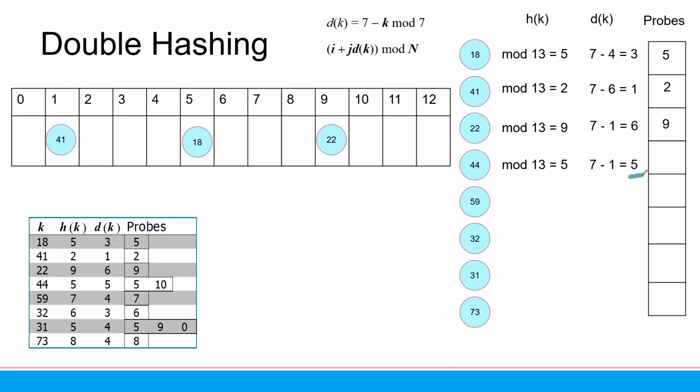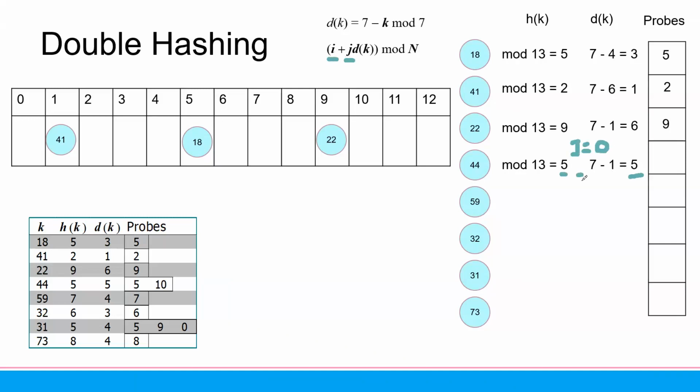Then what we can do here is to use j. J equals 0. So we can have i, which is 5, plus 0 multiplied by 5. So it is 5.